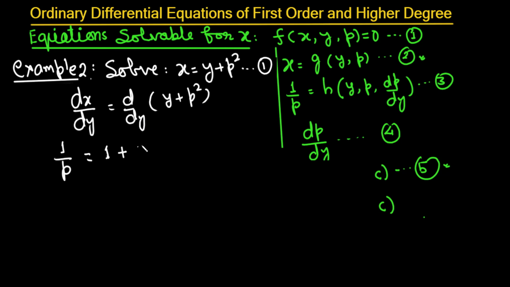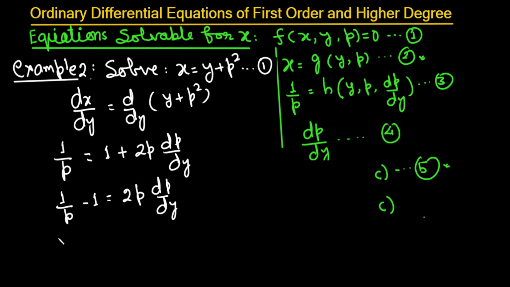Chain rule: p square gives 2p, and then dp over dy, right? So this can be written as 1 over p minus 1 equals 2p dp over dy. Simplifying it, this becomes (1 minus p) over p equals 2p dp over dy.